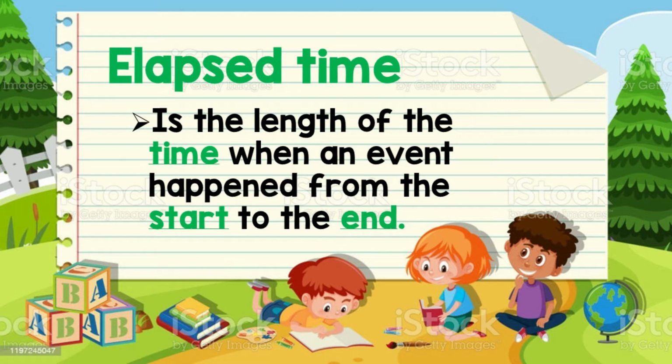You can get the answer by finding the elapsed time. What do we mean by elapsed time? Elapsed time is the length of the time when an event happened from the start to the end.